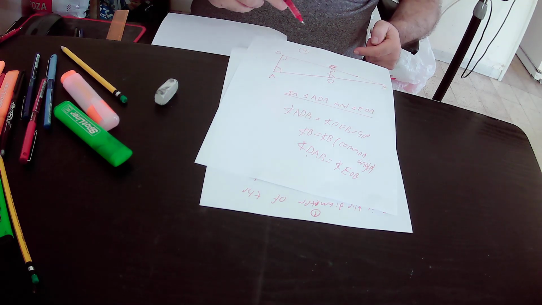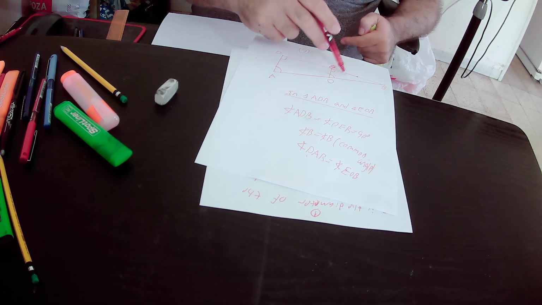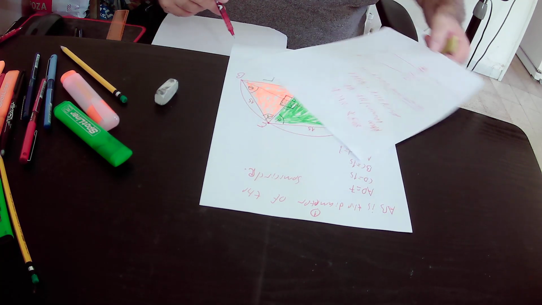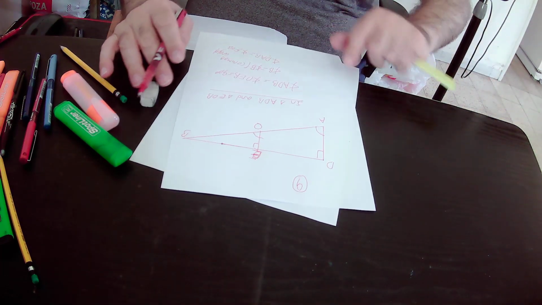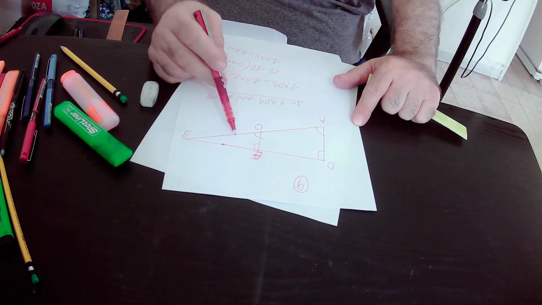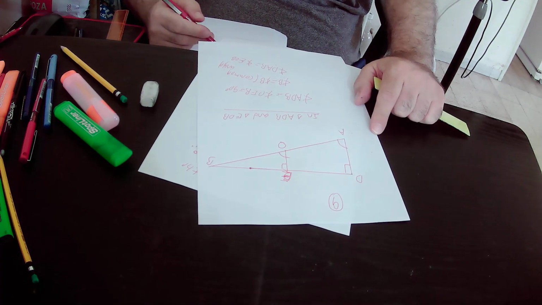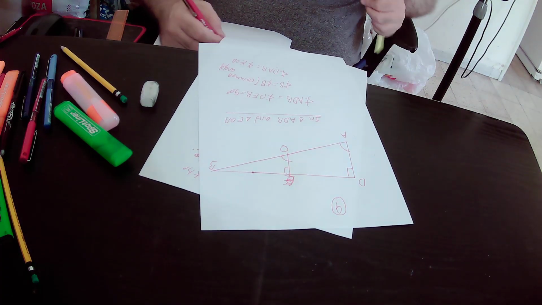Okay, all the angles in the big triangle are equal to all the angles in the small triangle. Therefore, those two triangles, triangle ADB is similar to triangle EOB according to angle similarity.